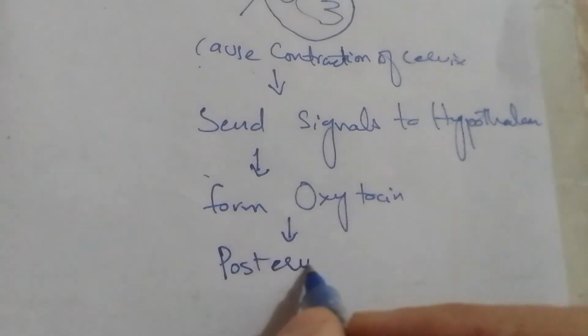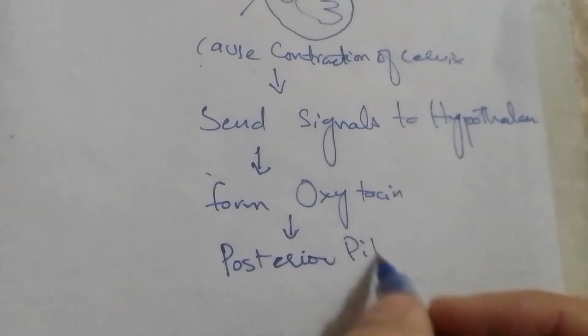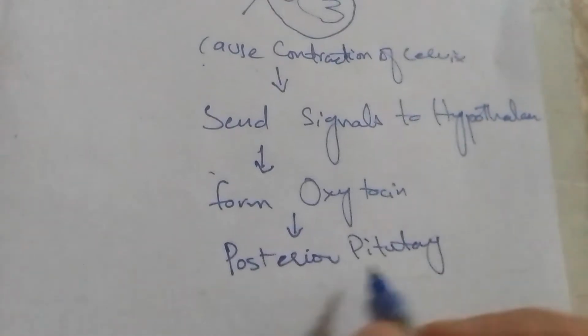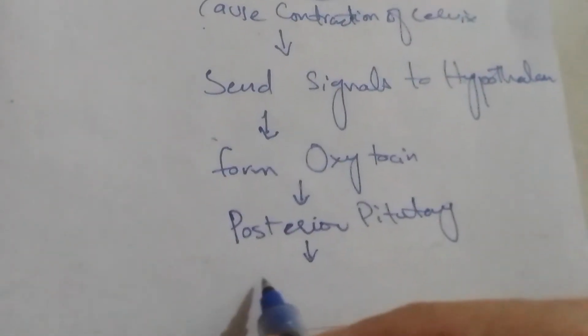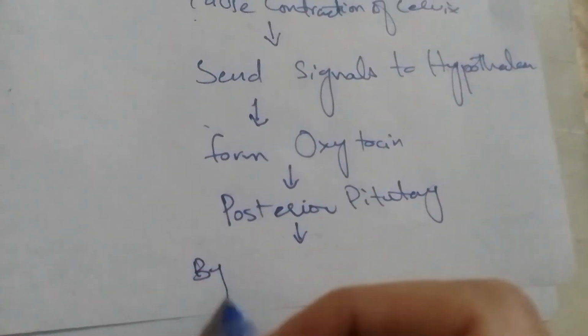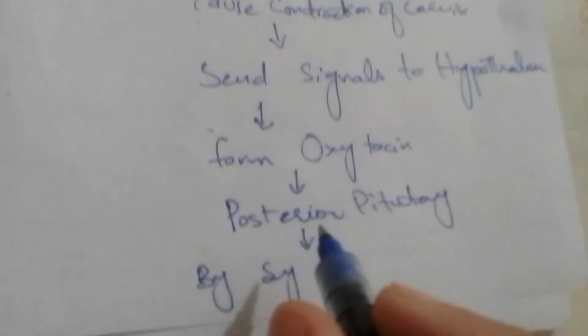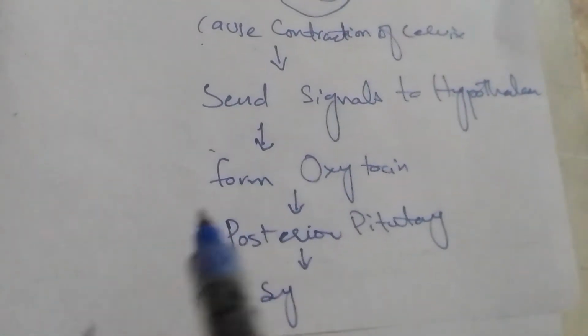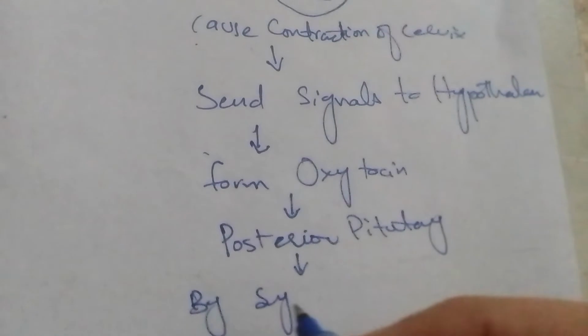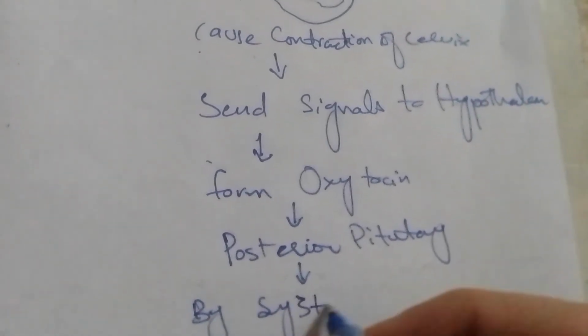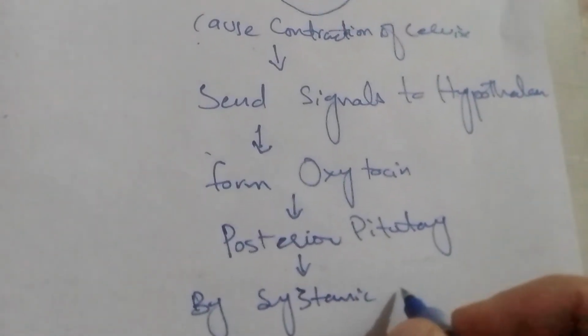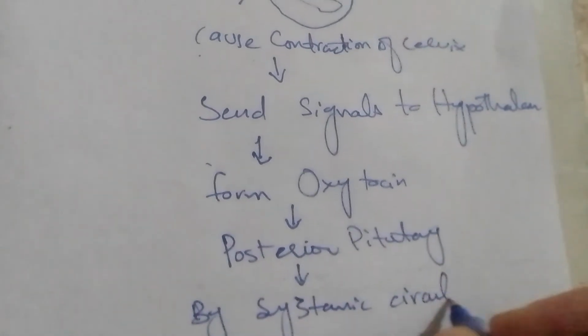Then the posterior pituitary releases the oxytocin, and this oxytocin travels by the systemic circulation to the target cells, and the target cell for oxytocin is the uterus of the reproductive system in the mother.